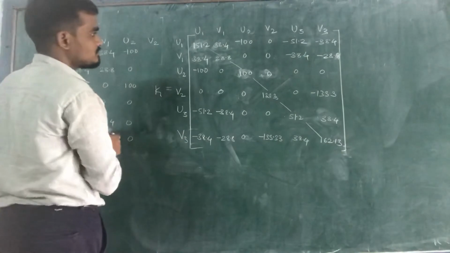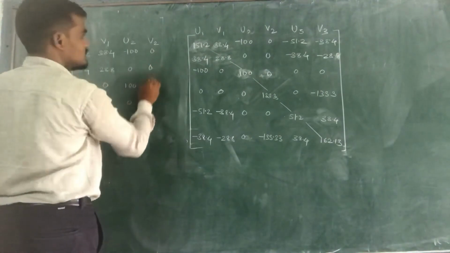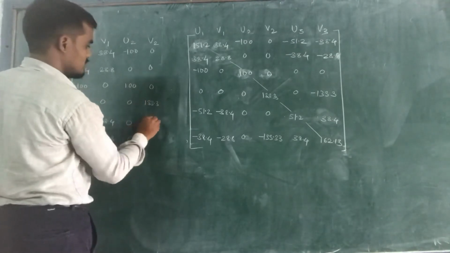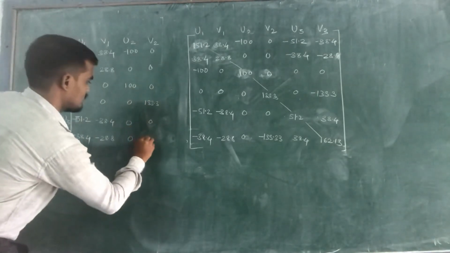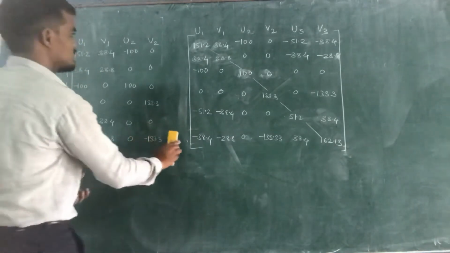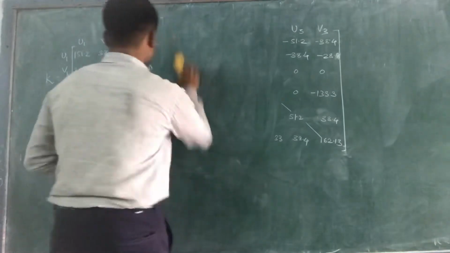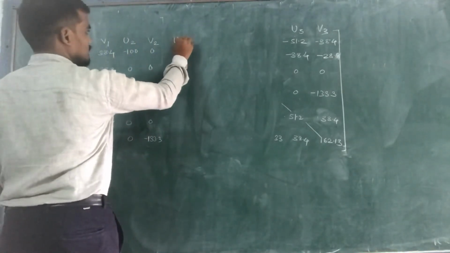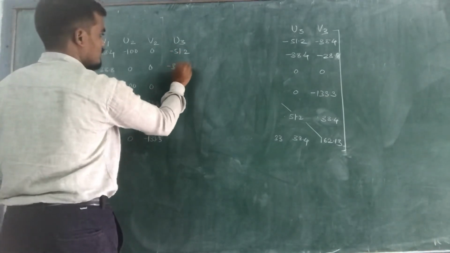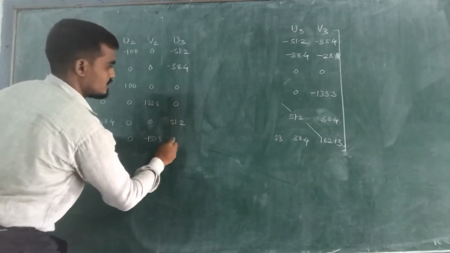Then V2 column, 0, 0, 0, 0, 133.3, 0, minus 133.3. Then next is U3 column, minus 51.2, minus 38.4, 0, 0, 51.2, 38.4.